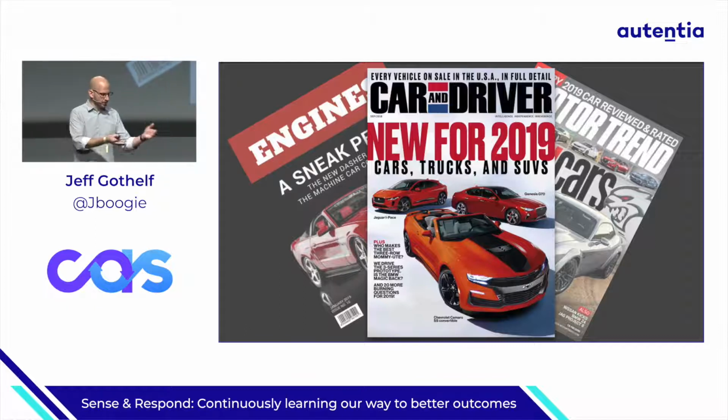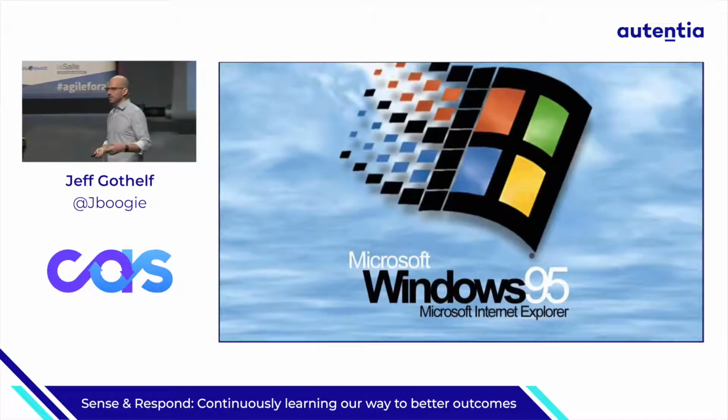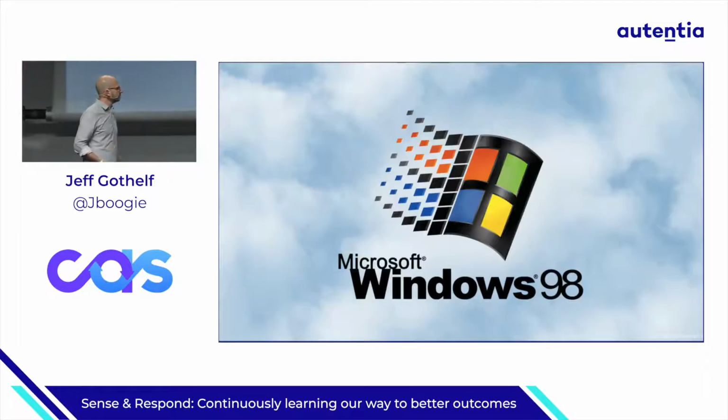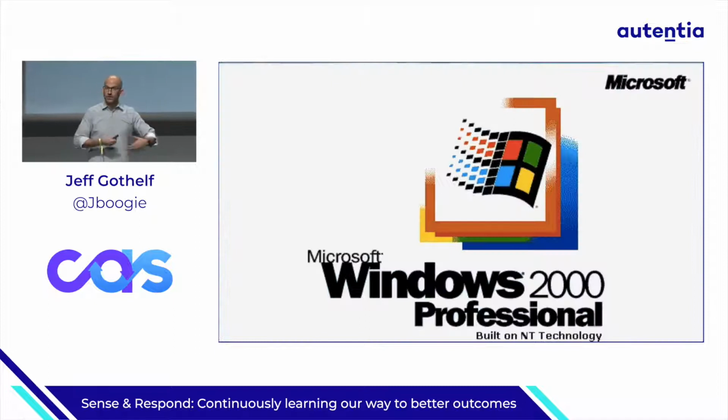The only way to get your car to do new things is to buy the next model year. Right? And that was a manufacturing era model for marketing that we applied to software, right? Windows 95, Windows 98, Windows 2000, right? The only way to get your software to do new things was to buy next year's model.